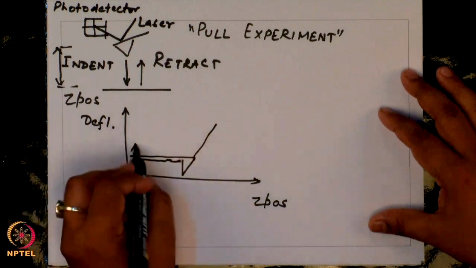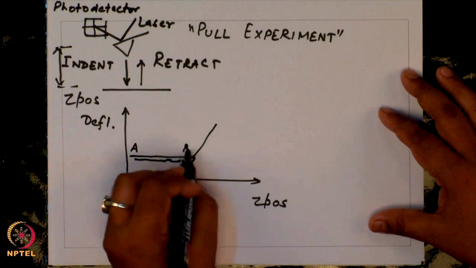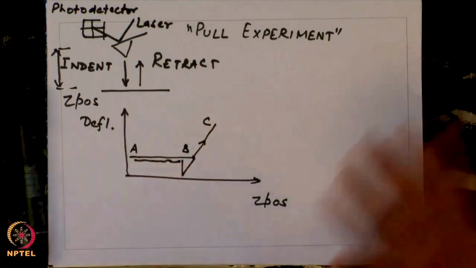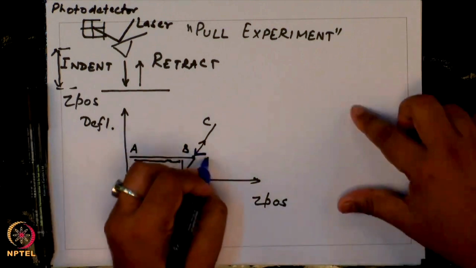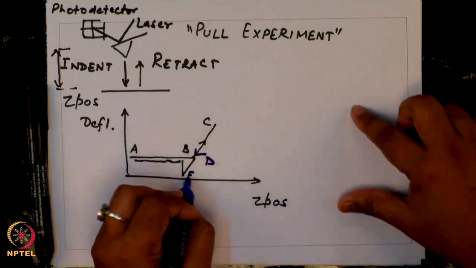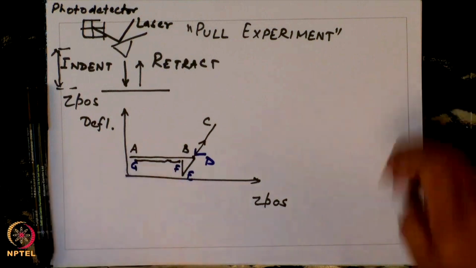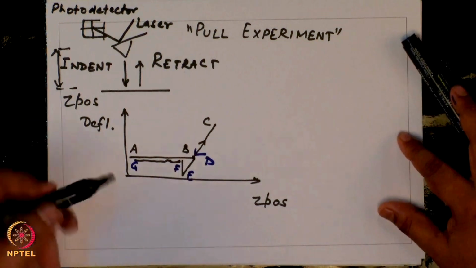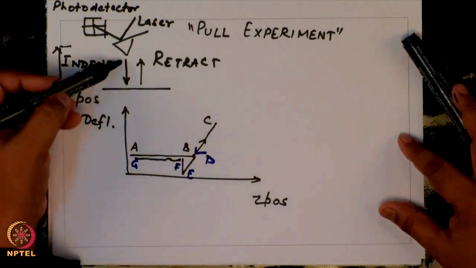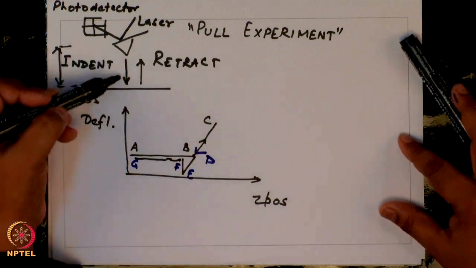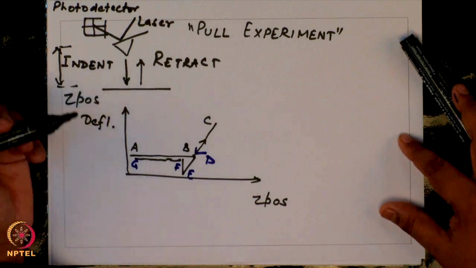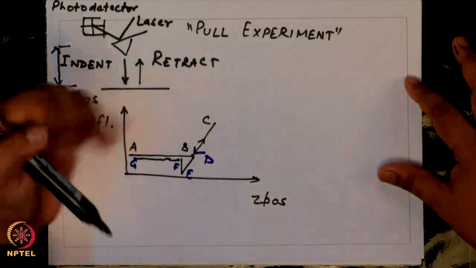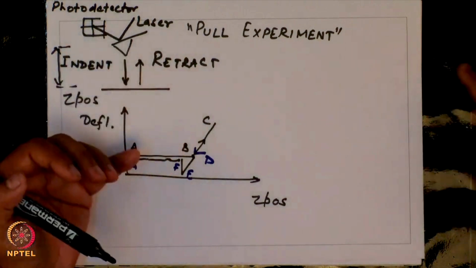So, at point A, point B, then C, then D. A to B and F to G are sections where the tip is actually travelling through the intervening space. It is not in contact with the substrate. And between points B to C, the tip is actually indenting or deforming the sample.